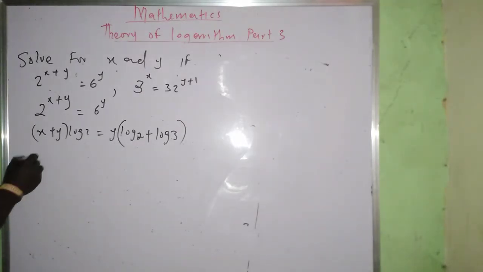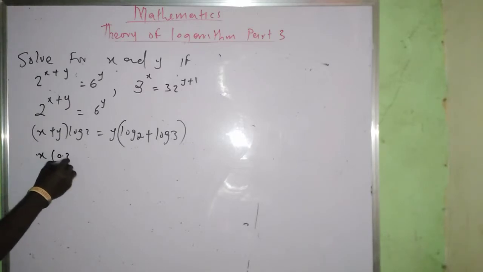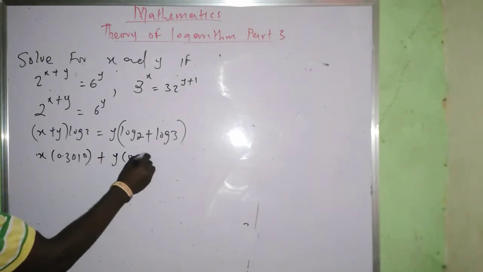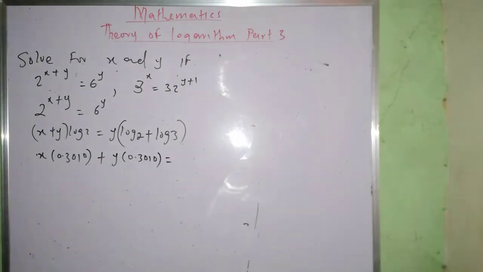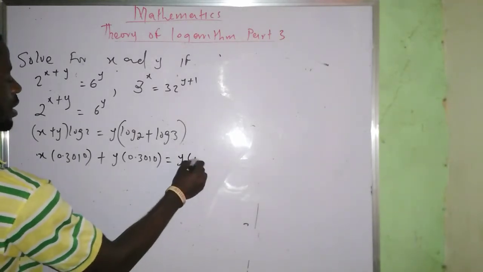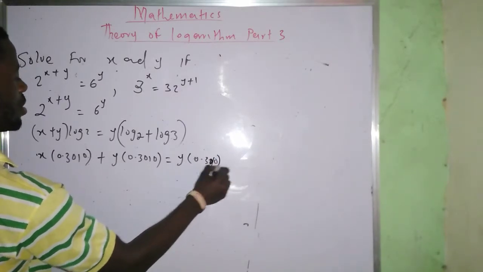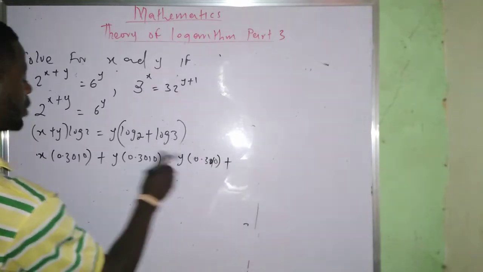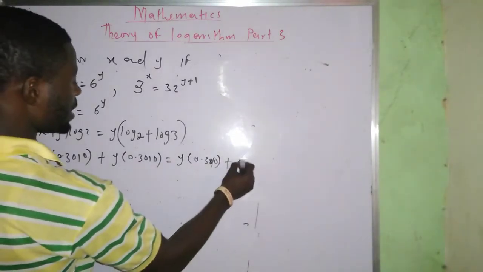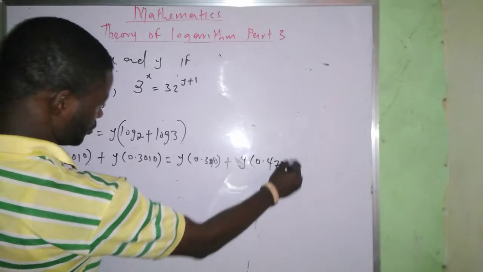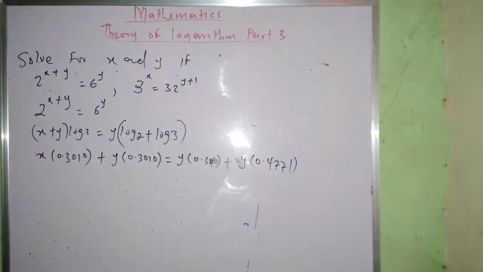Now, since I have that, I can say x bracket of 0.3010 plus y bracket of 0.3010 equals, my log 2 will be y bracket of 0.3010 plus my log 3 will be y bracket of 0.4771.